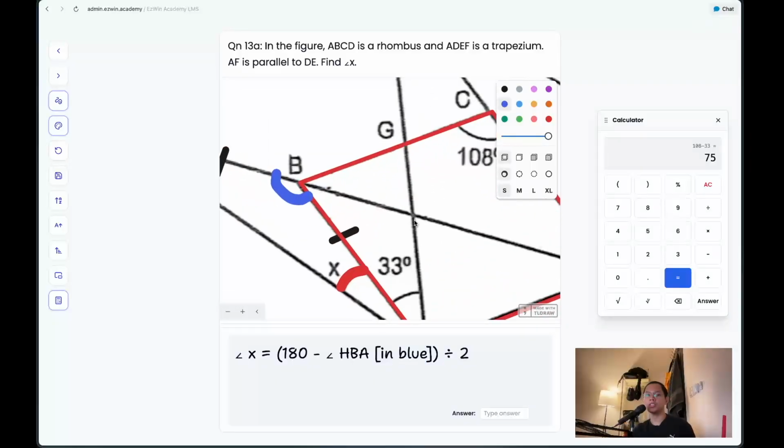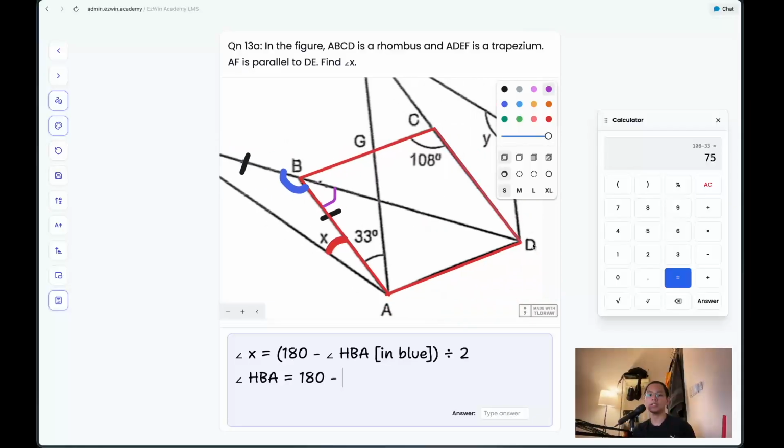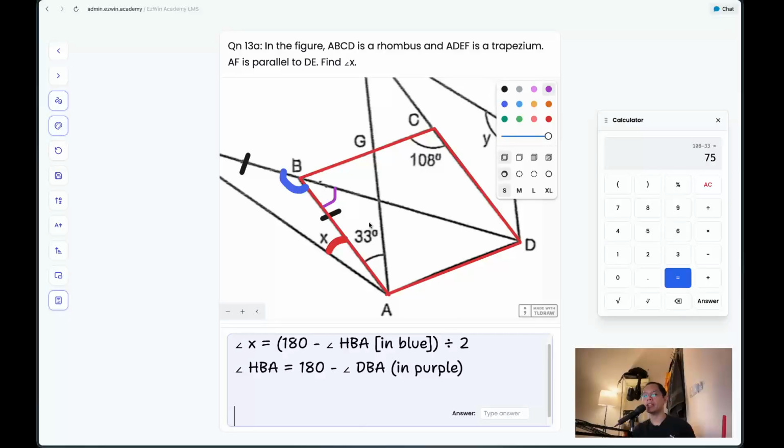To get angle HBA in blue, we need to get another angle, which is this purple angle over here. The angle HBA is equal to 180 minus angle DBA, which is in purple. So how do we get this angle in purple, angle DBA?